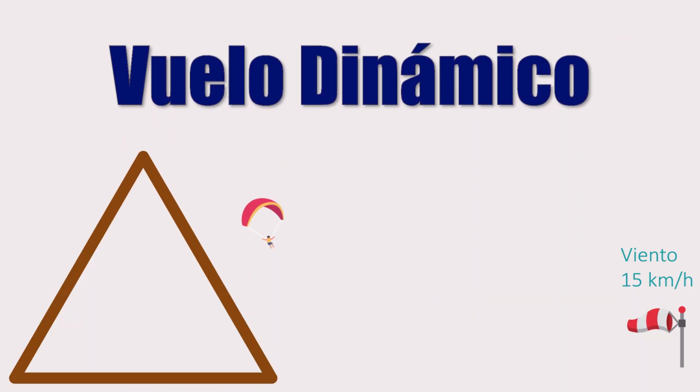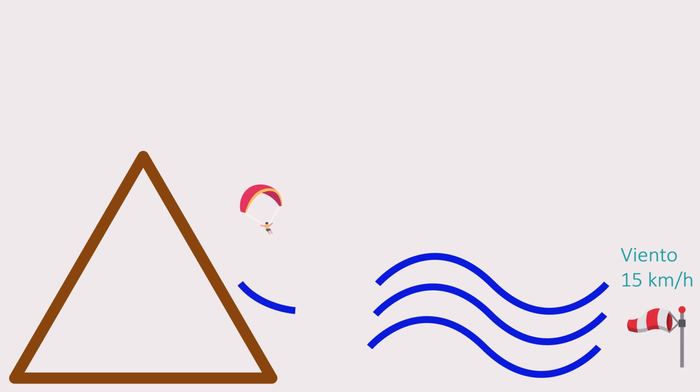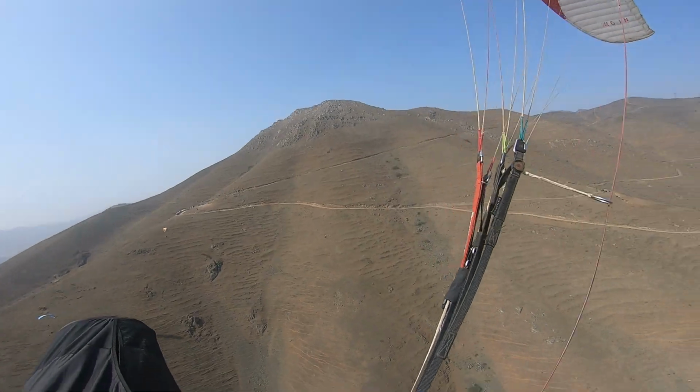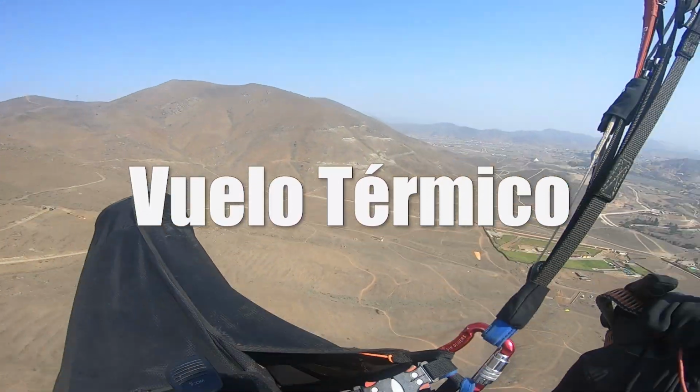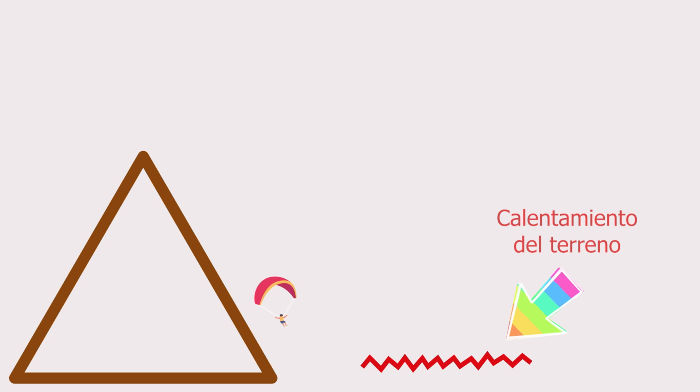First, let's remember that dynamic flight involves using the wind that hits a mountain or a ridge and rises along its face. We use this upward wind by flying parallel to the mountain or cliff. On the other hand, in thermal flight, we take advantage of rising air currents known as thermals, which are generated by the heating of the ground.